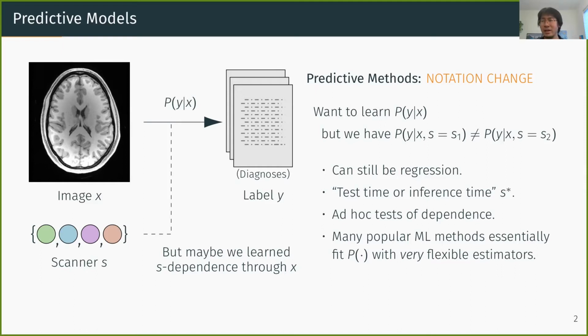Moreover, or I guess more importantly, we have this concept of test time, which doesn't really exist in the post-hoc regression context, where at test time, we might encounter new scanners and new sites. And so S star here, those we want to generalize to well, which isn't really a concept in the previous setting. Right.